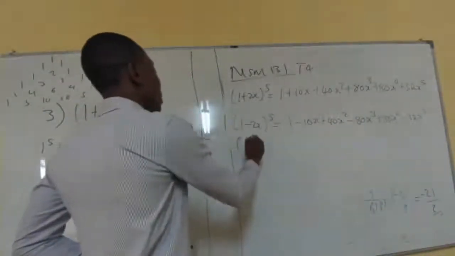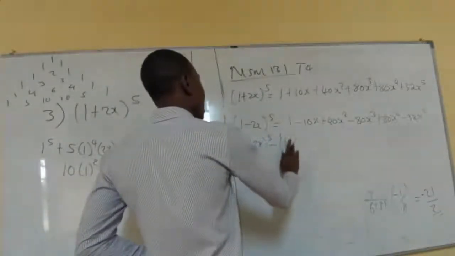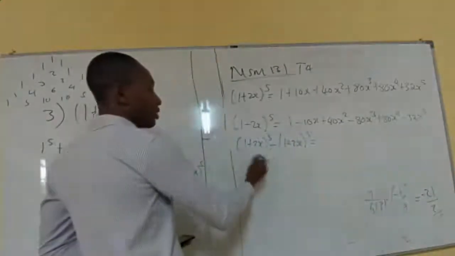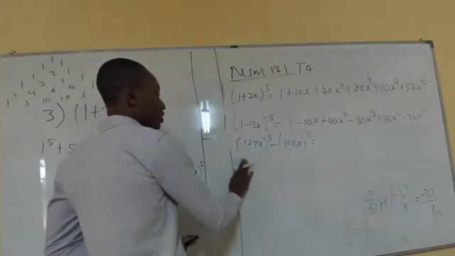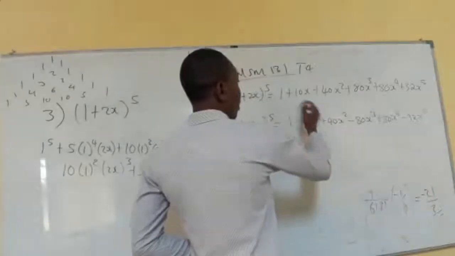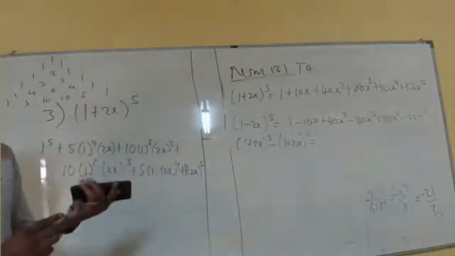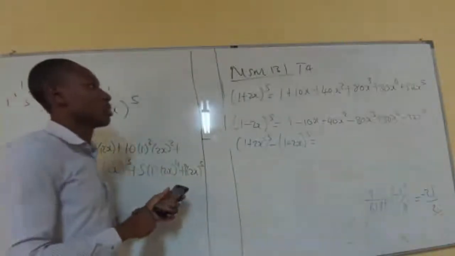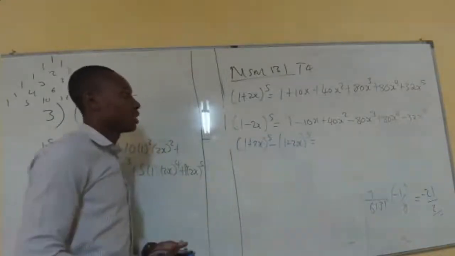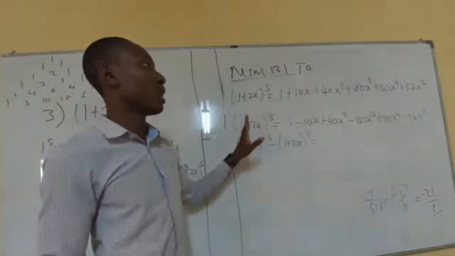So we have 1 plus 2x to the power 5 minus 1 minus 2x to the power 5. This is saying this part subtracting this part. So I'm subtracting these two. In doing so, you notice that the minus is on the second. So 1 minus 1 is 0, so the 1 goes.